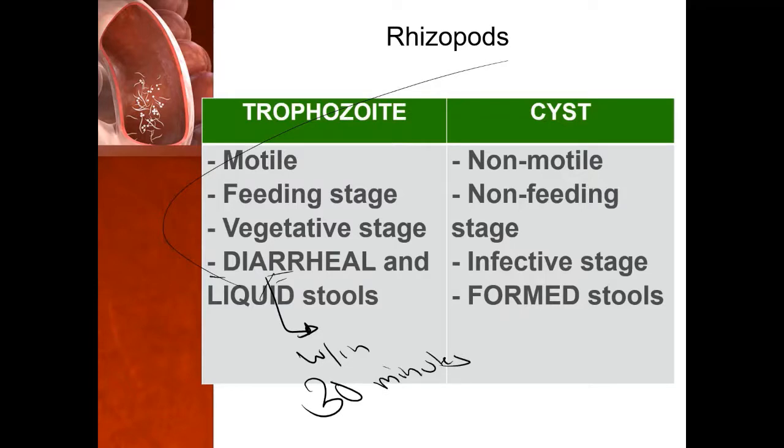So if you see diarrheal or liquid stool in your specimen, and you are trying to rule out trophozoite, you need to perform the fecalysis within the 30-minute mark. After that, of course, your trophozoites will be destroyed.